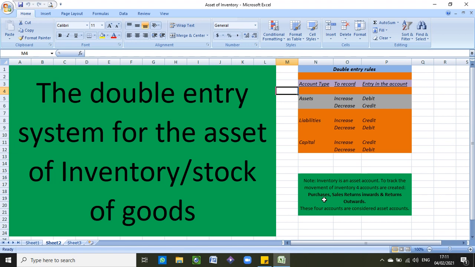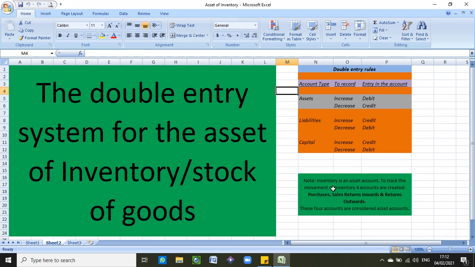Now, if I use purchases when I buy 1,000 books for my bookstore, then that means that inventory is going up for me because now I have books at my particular bookstore. So every time I use purchases, I need to show an increase on this account. And if purchases is an asset account, I will show that increase by doing a debit entry. Now, I have my 1,000 books.